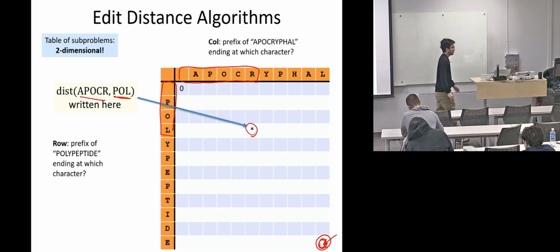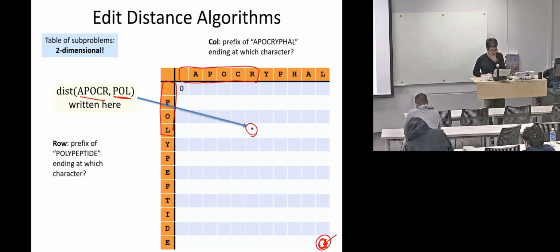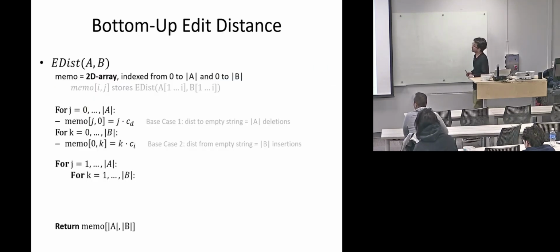All right. Now we can imagine the table, and let's try to fill it in. Just create a table like this, memo, which is a 2D array, like I just drew before, and we're going to write down the base case here.